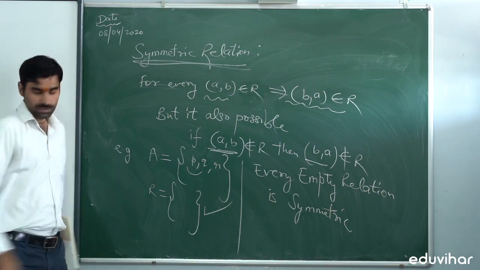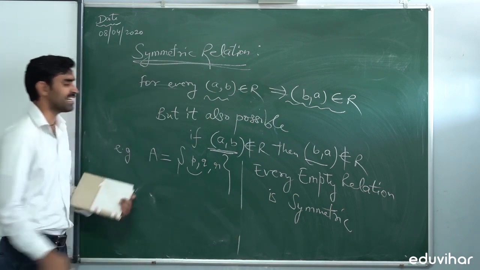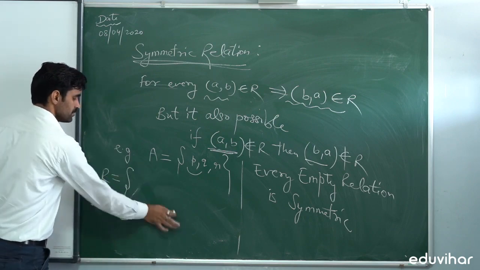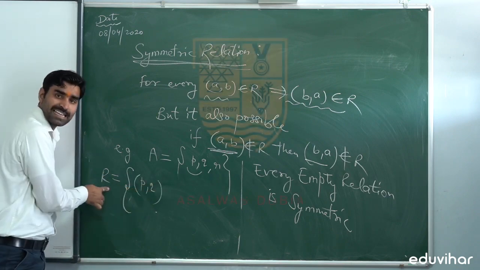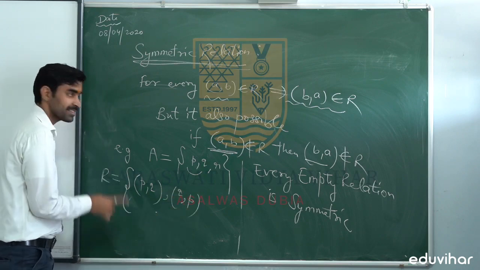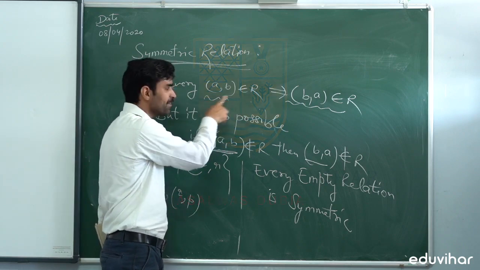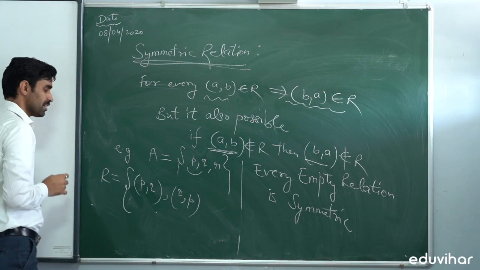Now we can also give another example for the elements of set A. If we have PQ in the relation, then we must have QP. That is the condition: if AB belongs to the relation, then BA also belongs to the relation.